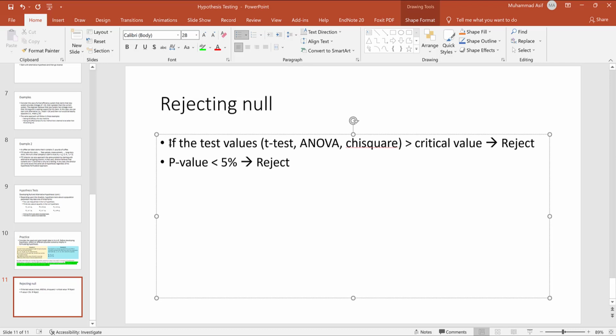Normally, when these computed values are greater than the critical value, we reject the null hypothesis. However, the most important and most commonly used rule is that if the p-value, the probability value, is less than 5%, then we reject the null hypothesis.